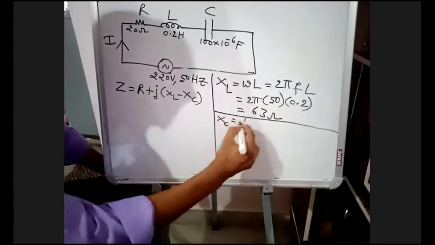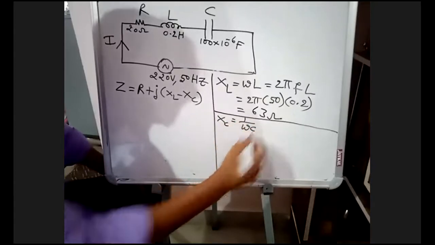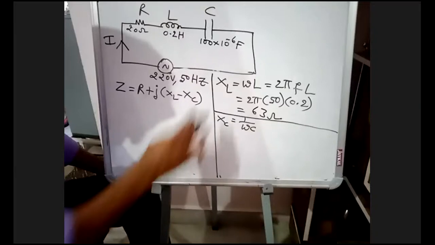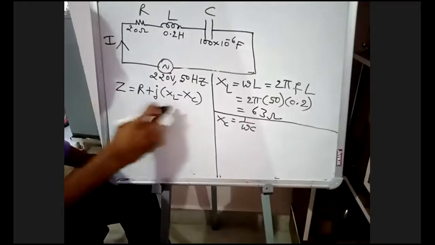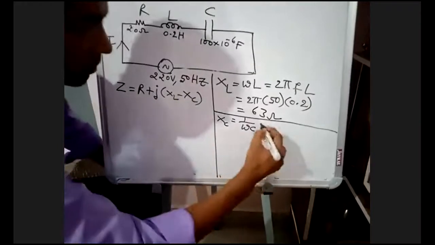XC is 1 by omega C. This is capacitive reactance. Because I want Z, you have to determine XL and XC.